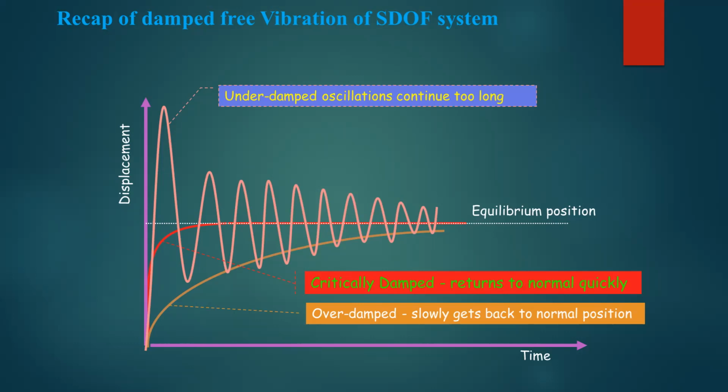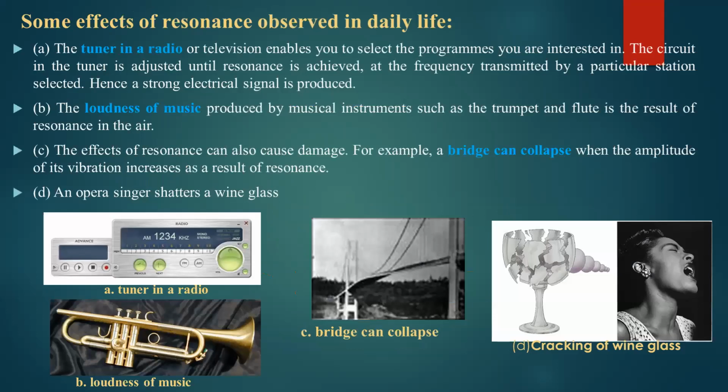If we leave the system with high oscillation, obviously the machines will immediately break down and will not function properly. So what are the effects of resonance? There are some positive effects and negative effects, but let's see the negative effects of resonance.